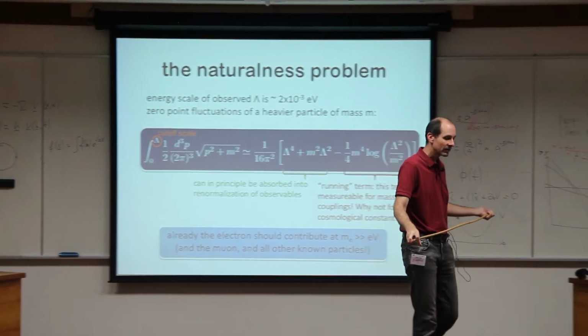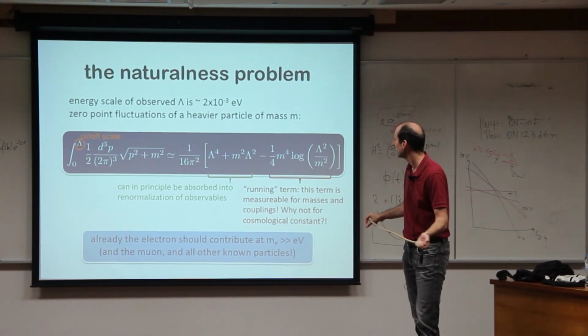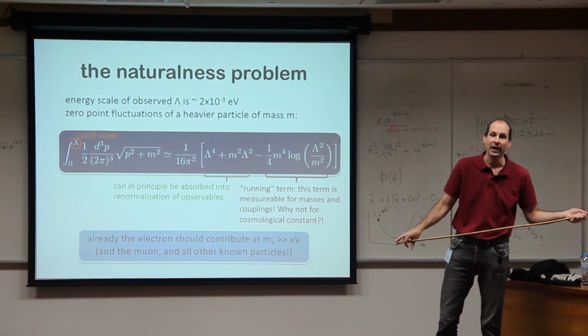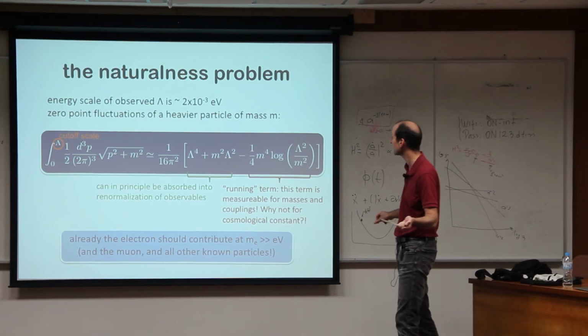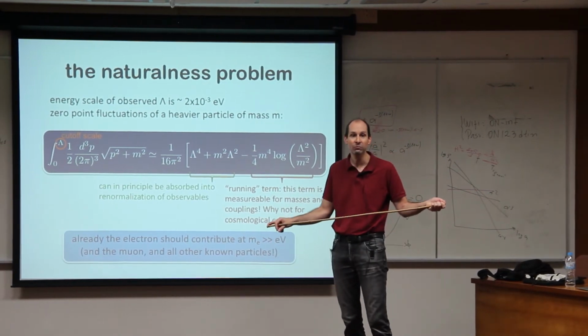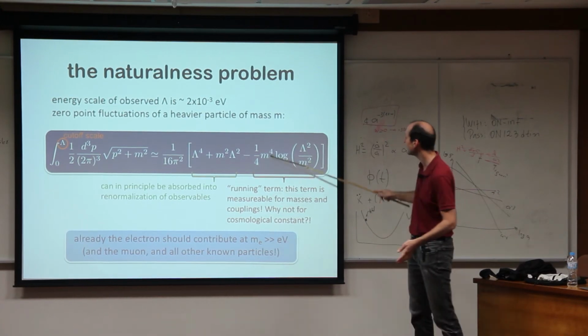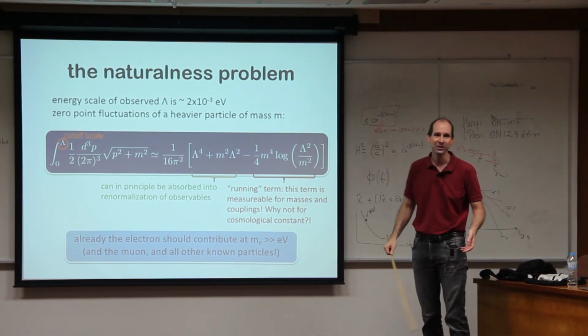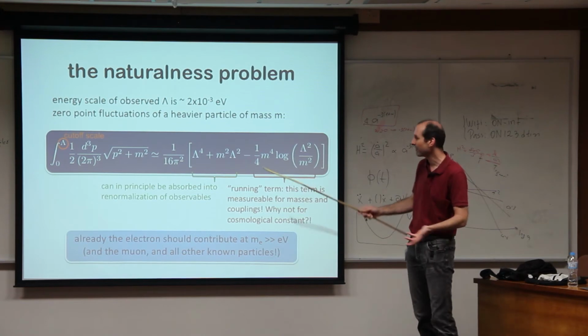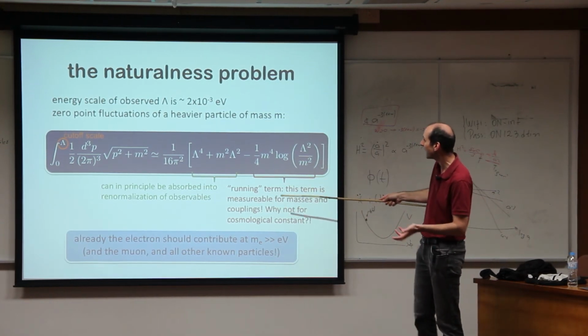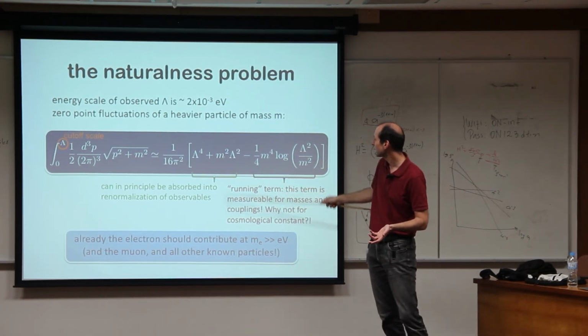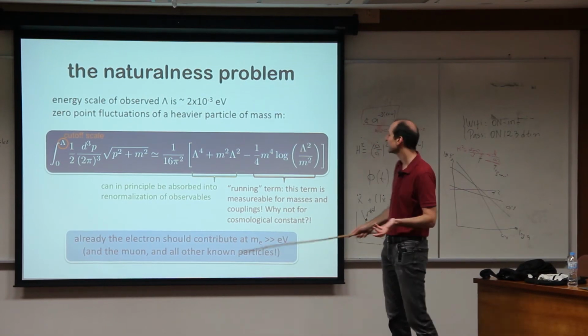And this you also do when you have to renormalize any field in quantum field theory. And this works very well, and we can do quantum field theory. QED works extremely well. And we see also running terms in QED. These terms are there. But somehow, when we talk about vacuum diagrams, this cannot work.